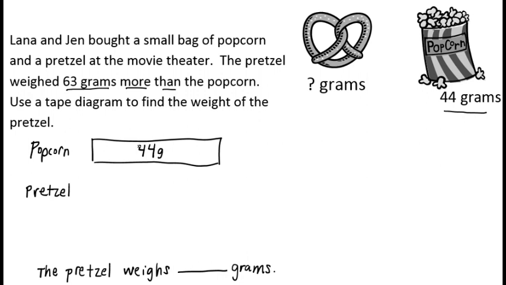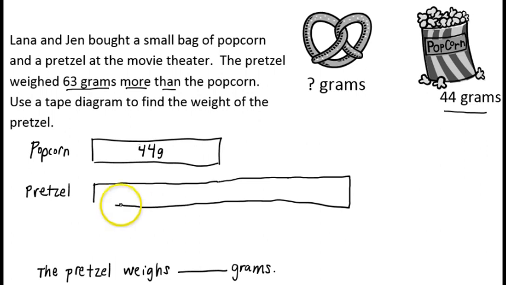That means for the tape, if the pretzel and the popcorn were the same size, their tape would be the same length. But since the pretzel is 63 grams more than the popcorn, I'm going to make it longer. Again, if they were the same size, they would both be 44 grams.